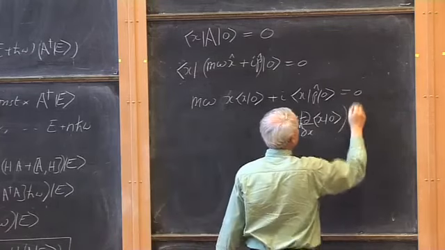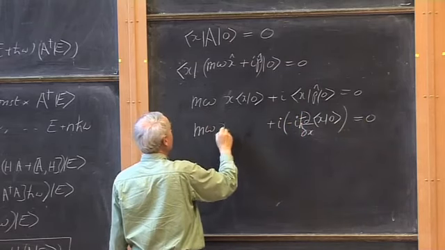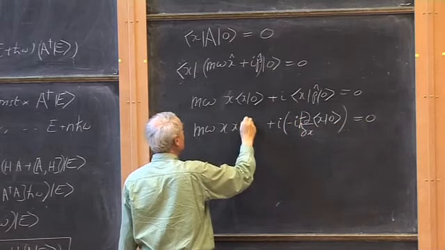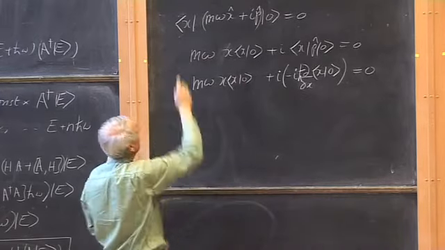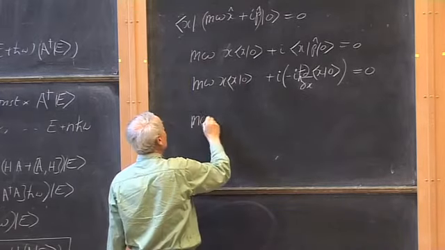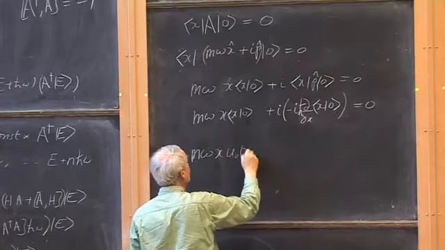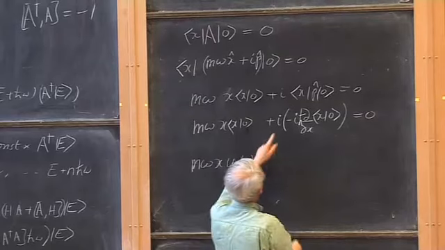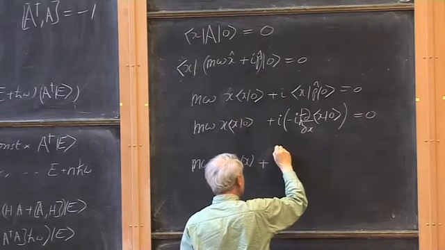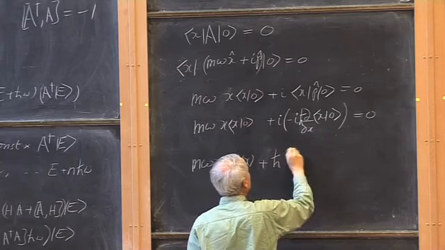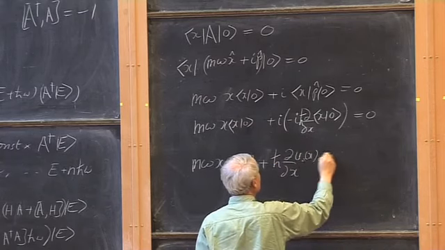This is equal to 0, provided I put in the m omega x. If I rewrite that in wave function notation, it becomes m omega x u0 of x plus h bar d by dx of u0 of x equals 0.